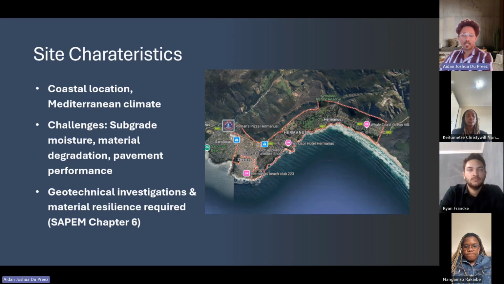The Mediterranean climate: winters bring heavy rains while summers are dry. The constant change impacts subgrade moisture levels, leading to swelling and shrinking of soil. To address these issues, the South African Pavement Engineering Manual, Chapter 6 suggests a thorough geotechnical investigation and using materials resistant to environmental stress.